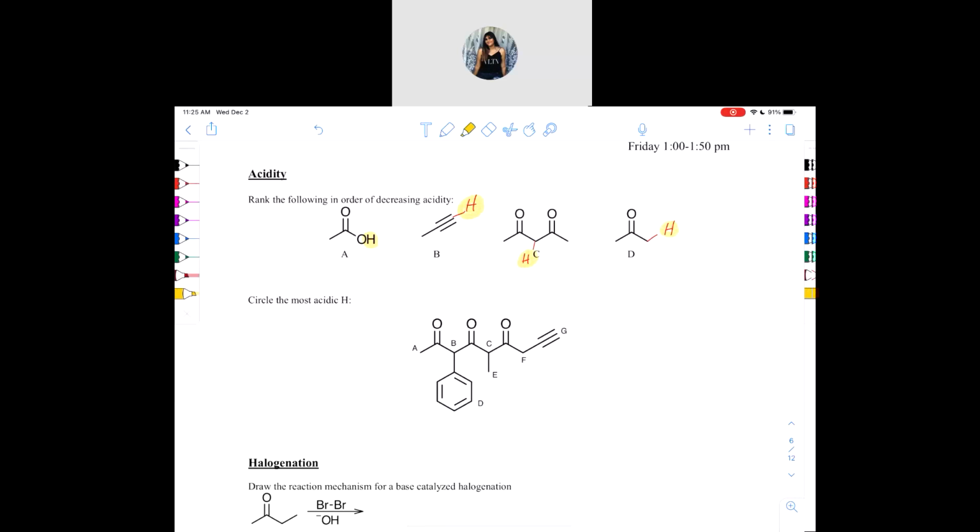We know that when we're looking for acidity, the hydrogen attached to the oxygen is going to be the most acidic. So A is going to be the most acidic. And then we know that all of these are attached to carbons. So the next thing we look at is what?